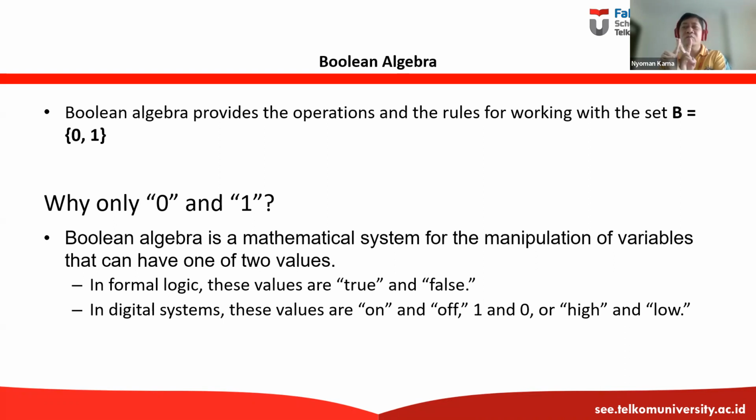Cut-off means the output will become maybe 0 volt. Saturated mode means the output will become plus 5 volt. So that's the reason why in the digital world we only need 2 values, 0 and 1. That's because it works on the basis of digital transistors, and digital transistors only work in 2 modes, saturated mode and cut-off mode. Okay.